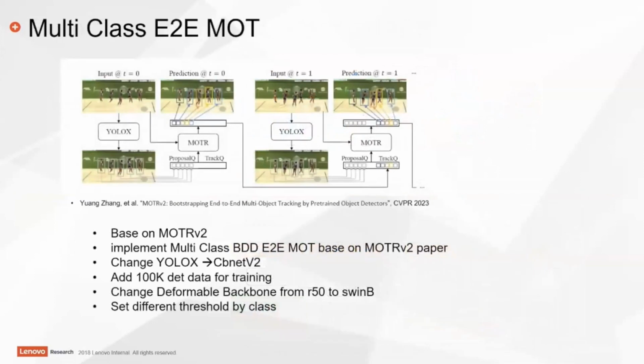Based on the latest paper, MOTR'22, bootstrapped end-to-end multi-object tracking by pre-trained object detectors, we continue to implement multi-class E2E MOT on the BDD dataset, and then change the Deformable DETR detector to a CVPR'23 detector, and also add BDD100K detection static picture data for training, and change the backbone from R50 to Swin B, and then set different thresholds by classes.